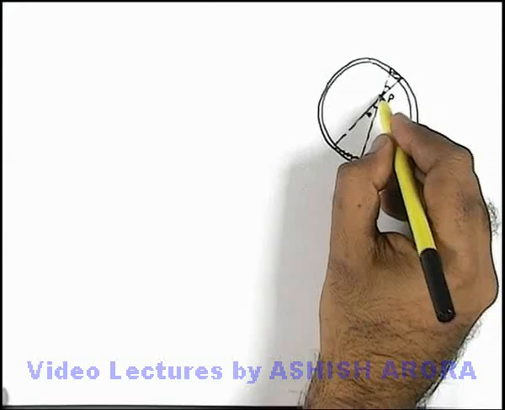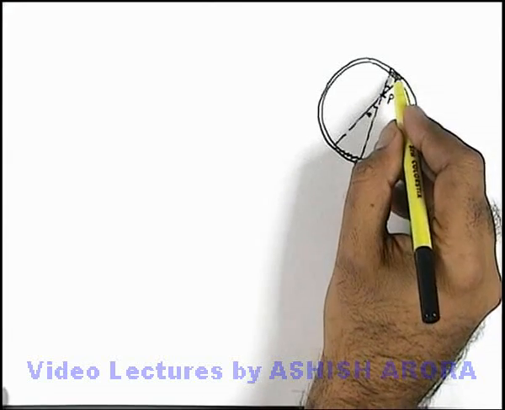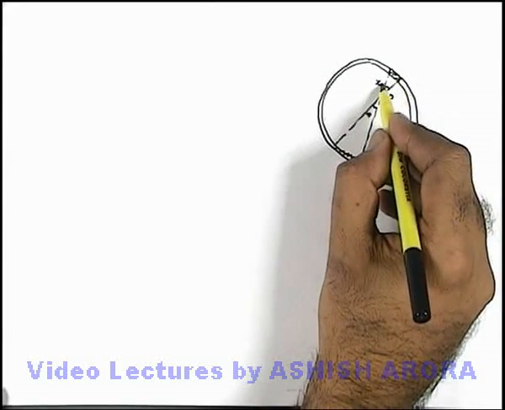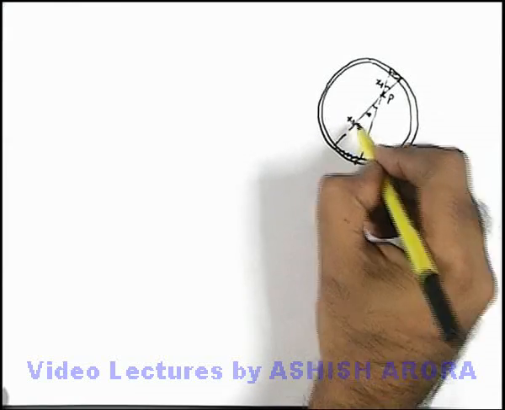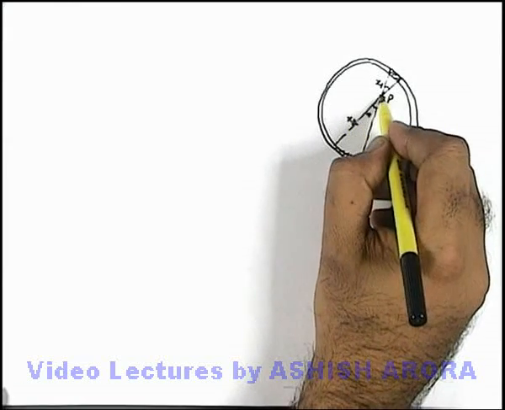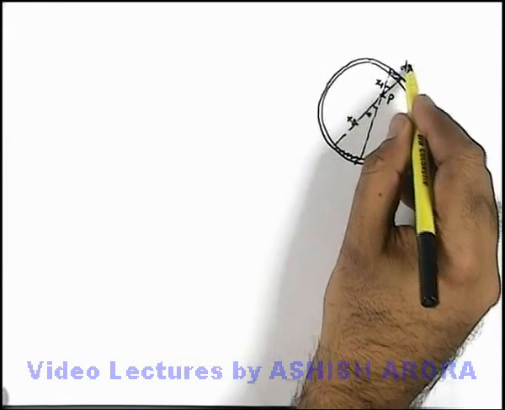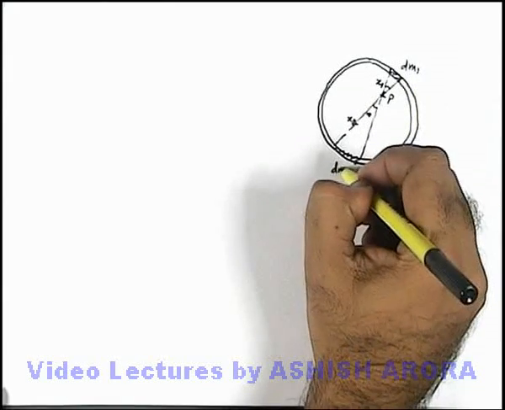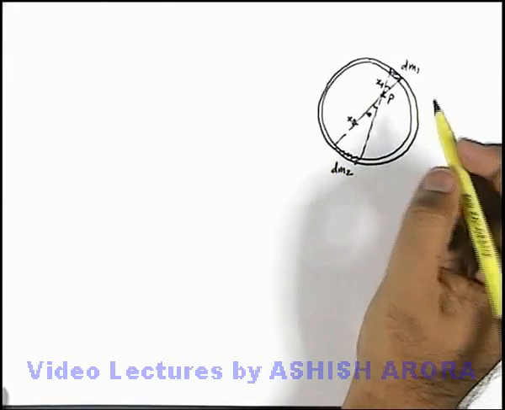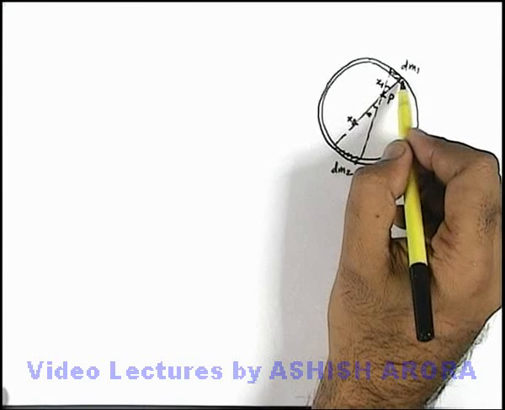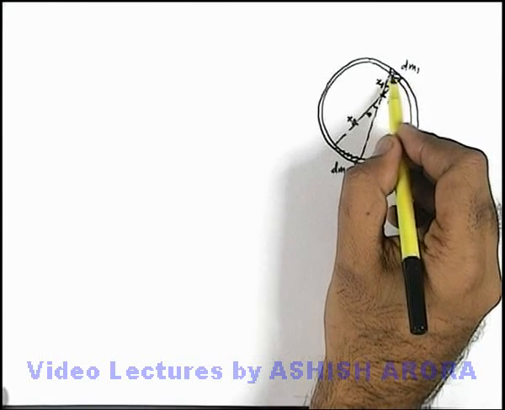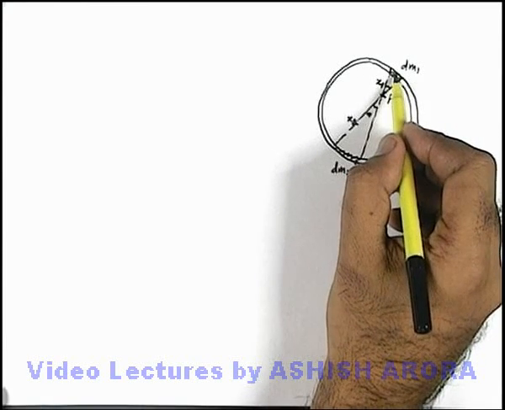We can simply state, say, this segment is located at a distance x1 and this segment is located at a distance x2 from point P, and say it has a mass dm1 and this has a mass dm2.